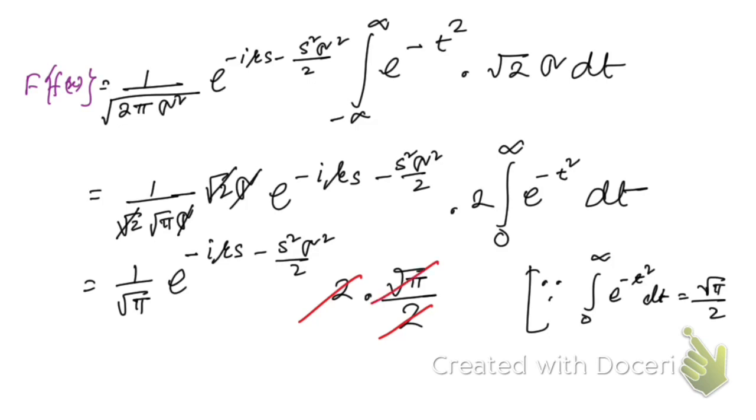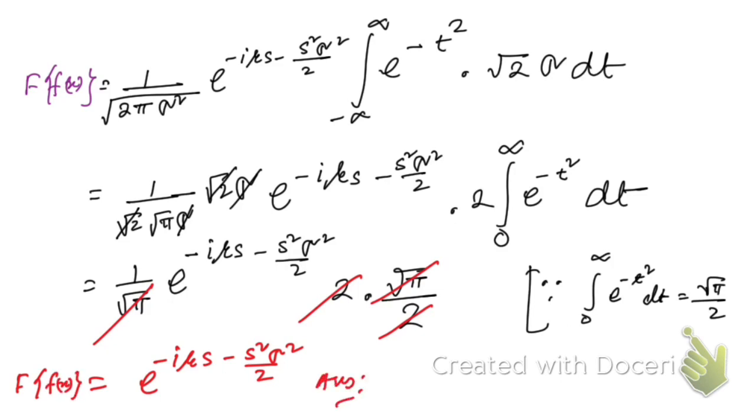This 2 cancels, root pi cancels, so our answer is e to the power minus i mu s minus s square sigma square by 2. So this is the Fourier transformation of the given function, right? So this is the answer. So now let me show you how we have got root pi by 2.